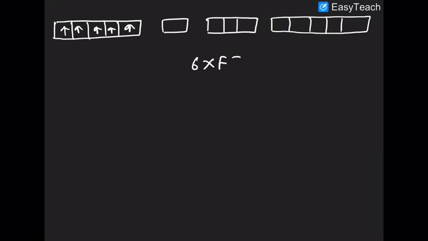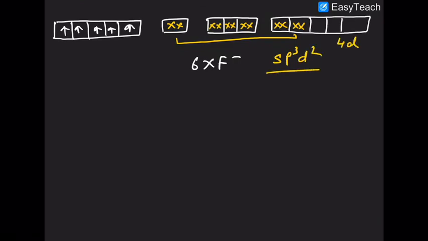The 6 fluoride ions, what will they do? The electrons will be donated to 4s, 4p, 4p, 4p, 4d, 4d. So what is the configuration here? It is sp3d2. Why? Because in this case 4d orbitals are being used.